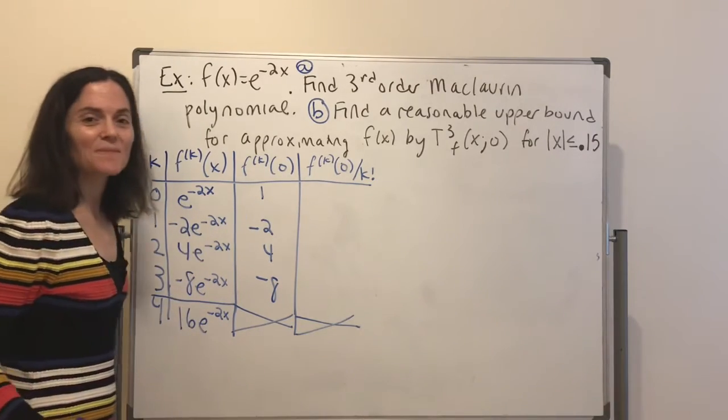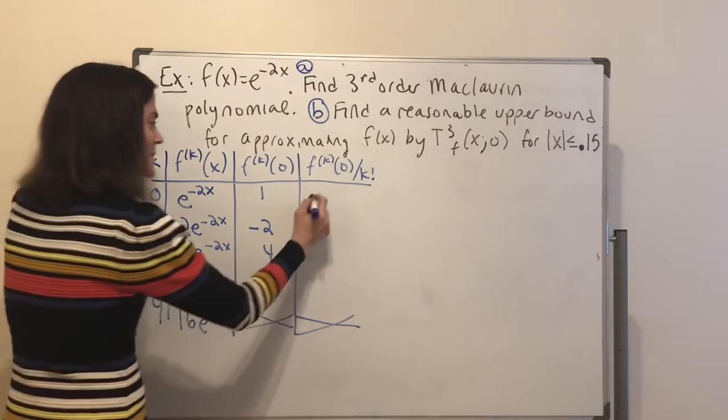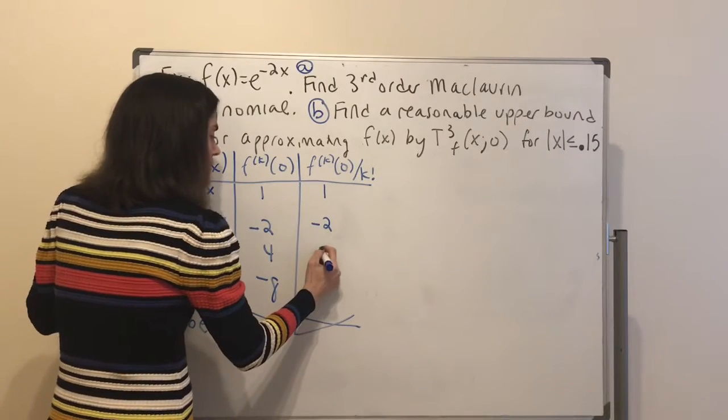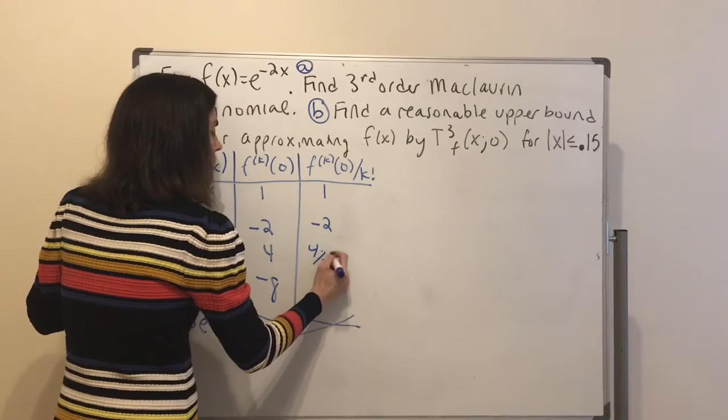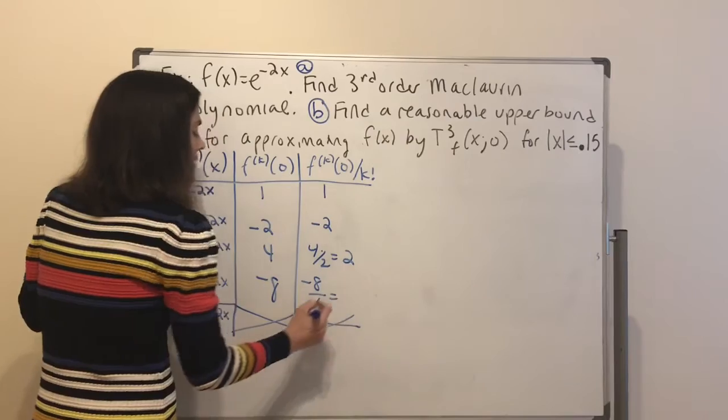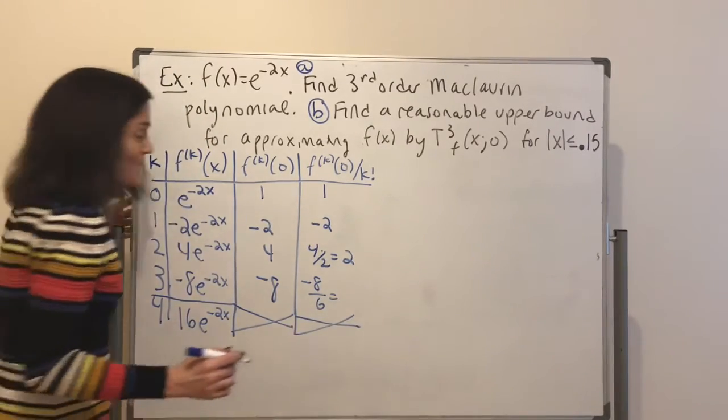Finally, I divide by k factorial. So this is 1 minus 2, and then 4 over 2. Maybe I'll write it, which is 2. And then minus 8 over 6, which is -4/3.